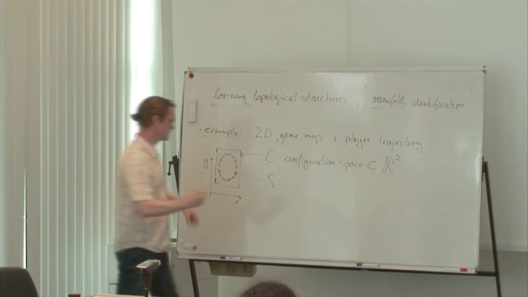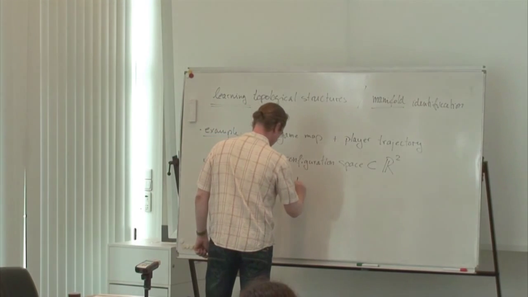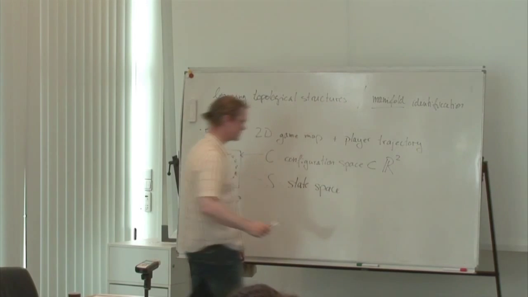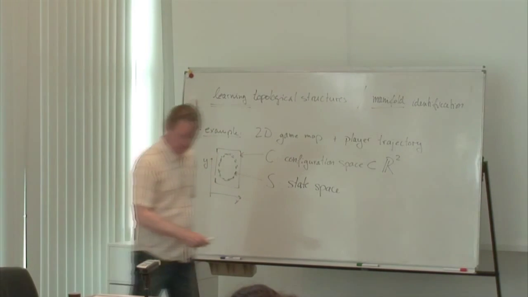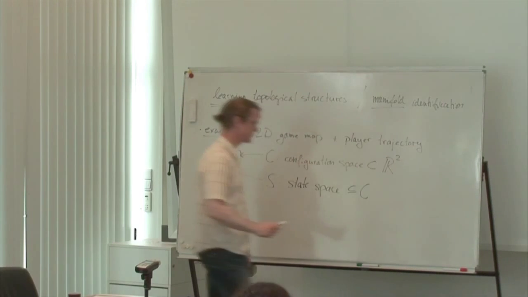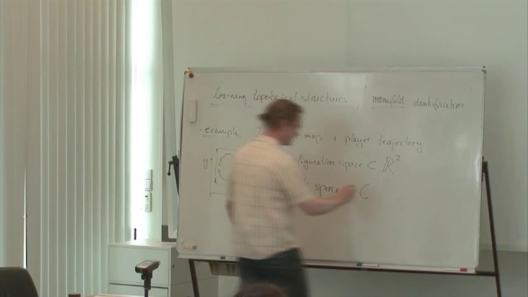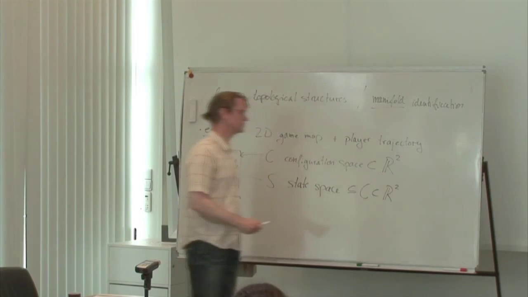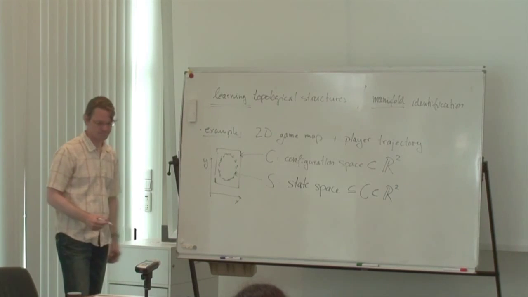So S is the state space in this example, and it is, of course, a subset of the configuration space, which again is a subset of the two-dimensional Euclidean vector space.